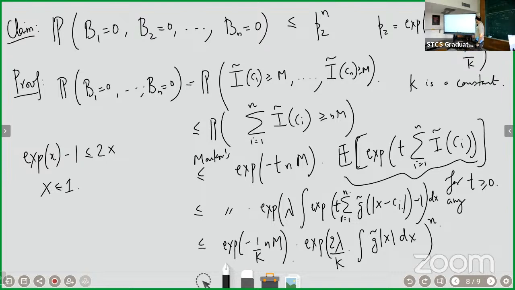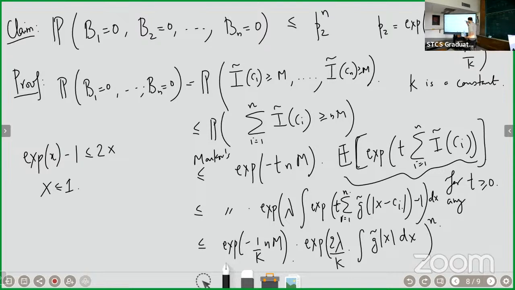The N will show up. Yeah, so this is exactly what it is like.